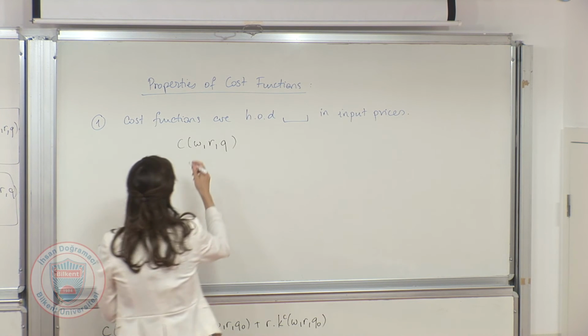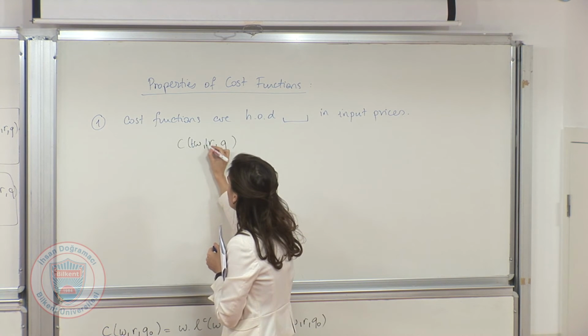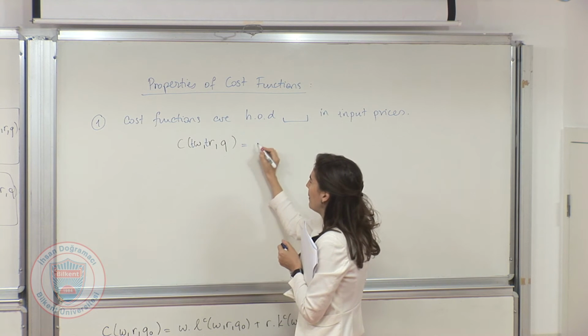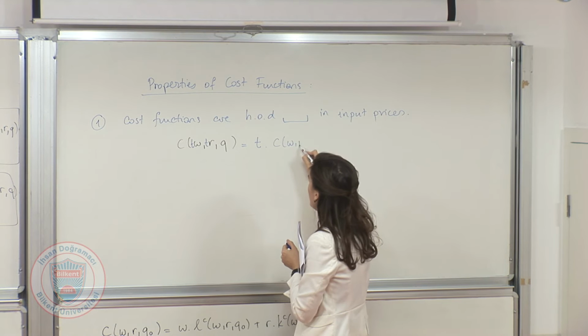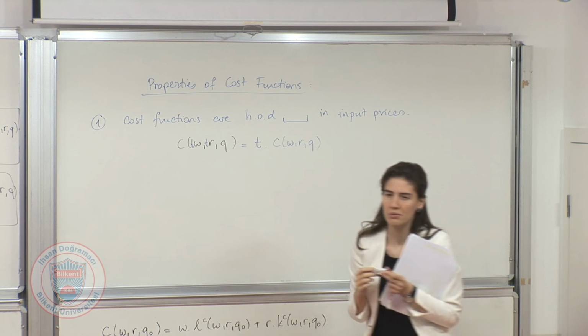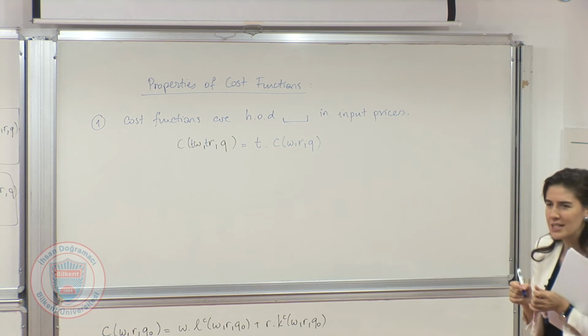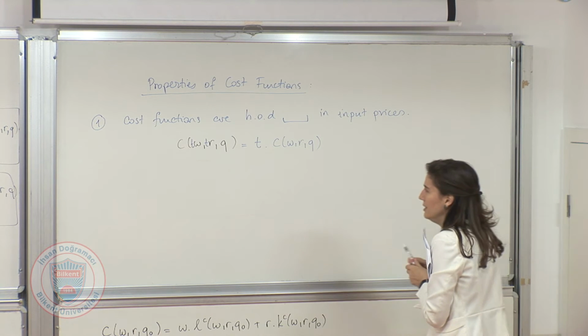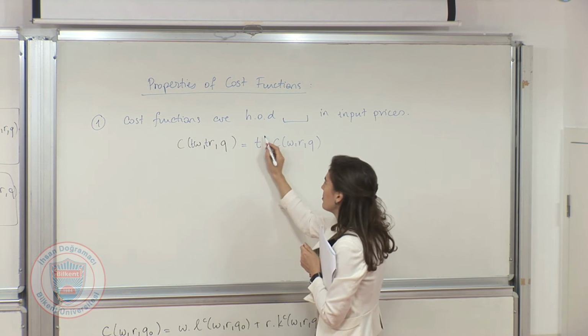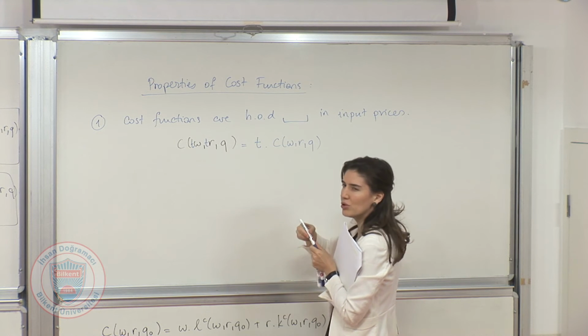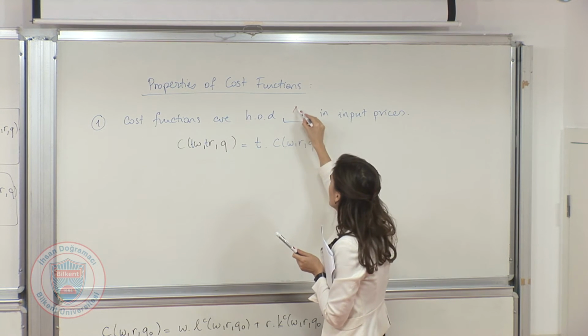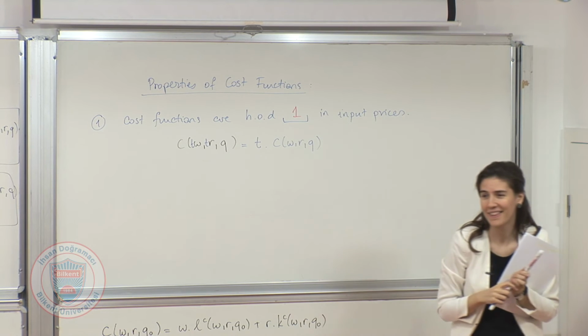So t times these prices gives us t to the power of something times C(wage, R, Q). We're wondering what this is, right? You said that it should be 1. Why?